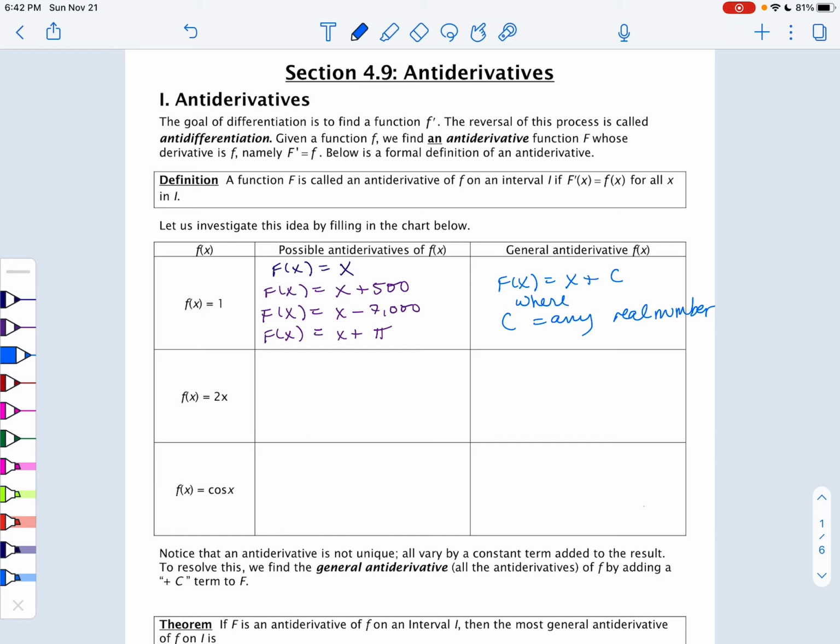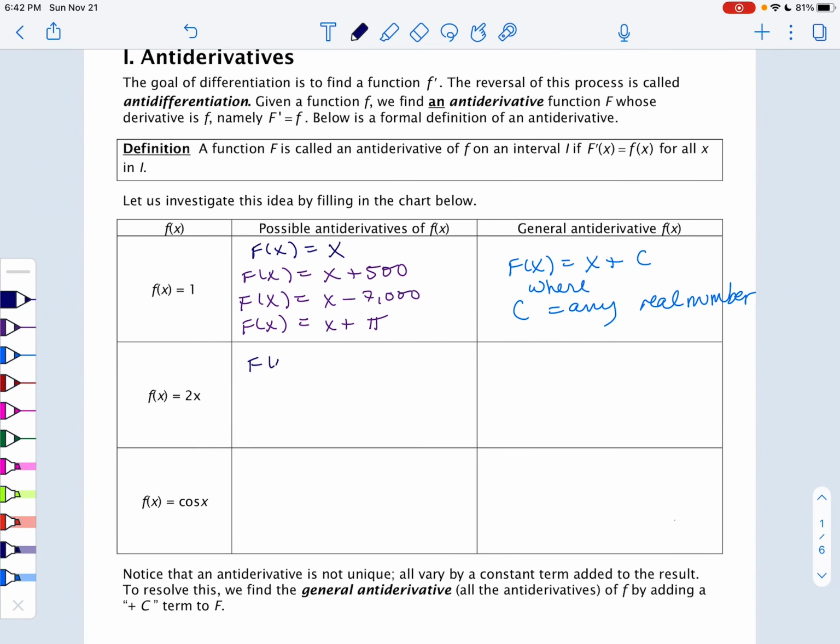Good. Looking at f of x equal to 2x, what function has derivative equal to 2x? Well, I can think of big F of x equal to x squared. What's the derivative of x squared? 2x. So x squared is going to be an antiderivative, but we want to remember that if F is equal to a constant, then F prime is going to equal 0, and anything plus 0 is itself.